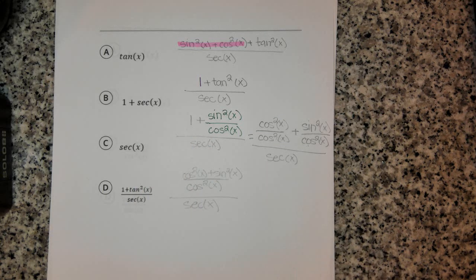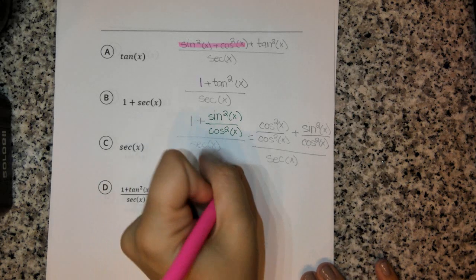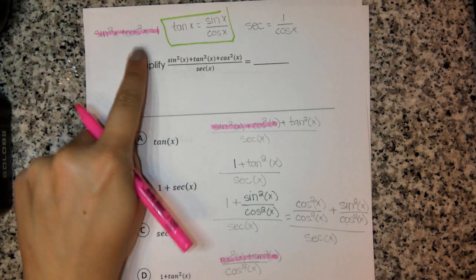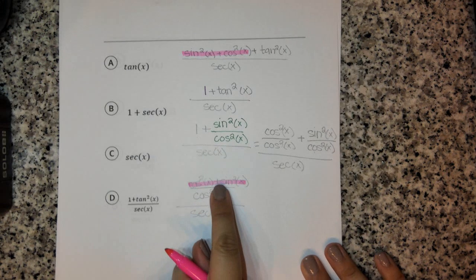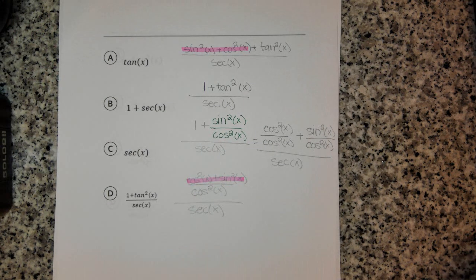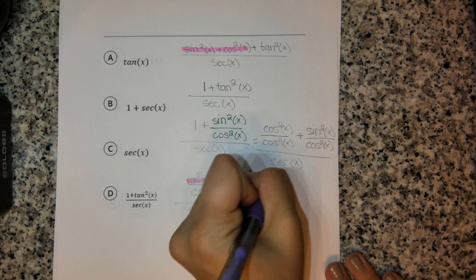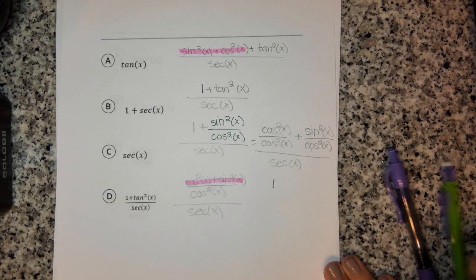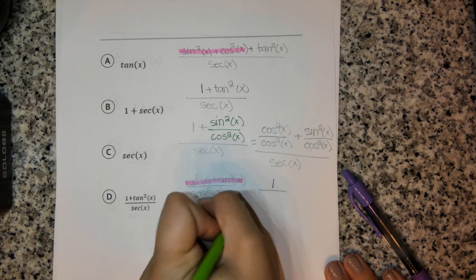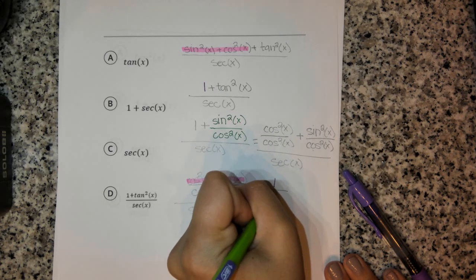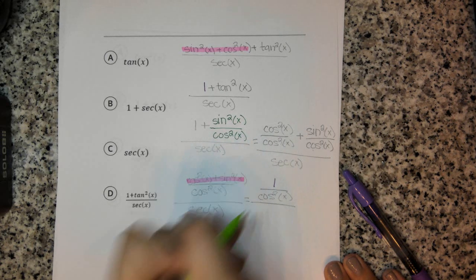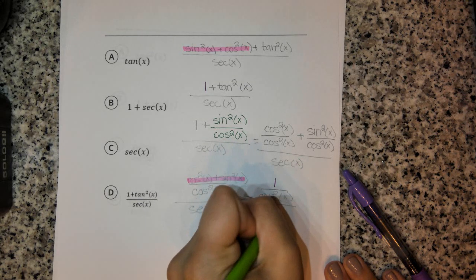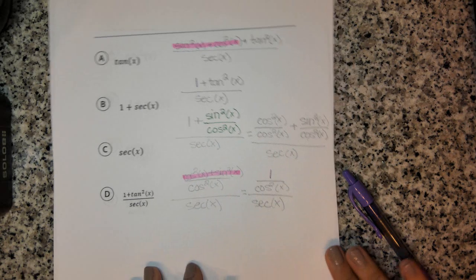Well, again, I have cosine plus sine, and they're both being squared. That's this first one up here. It just equals 1. So I'm going to replace that. So I have 1 over cosine squared of x divided by secant of x.